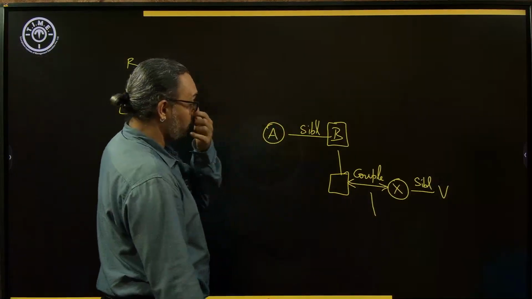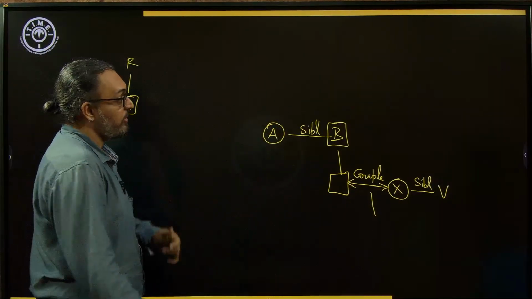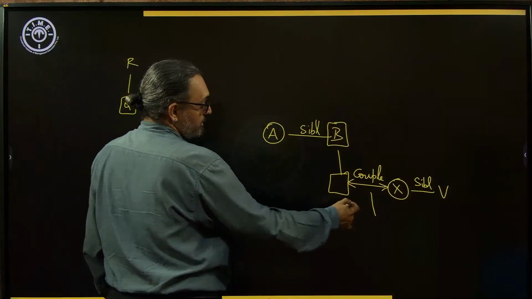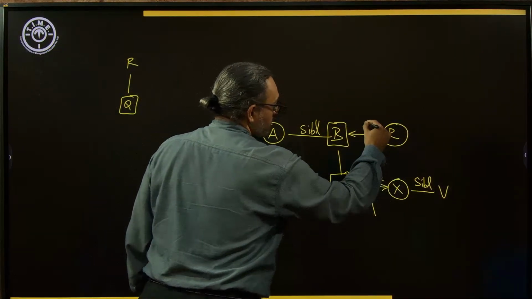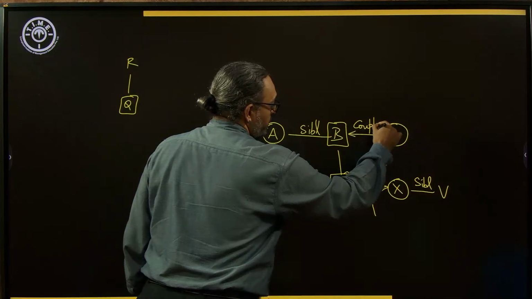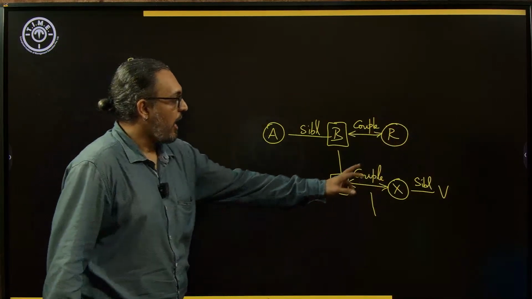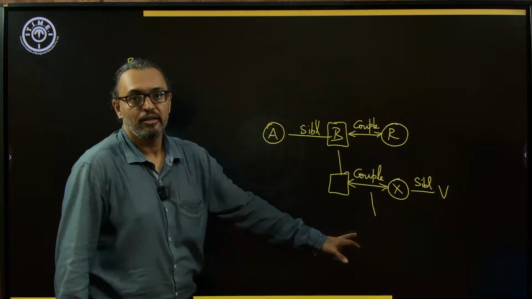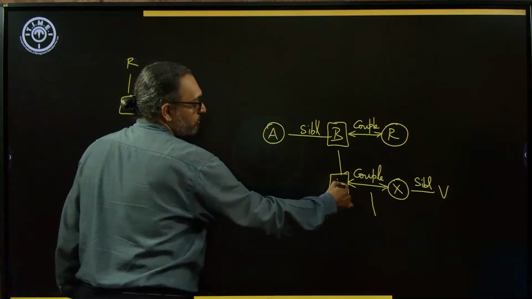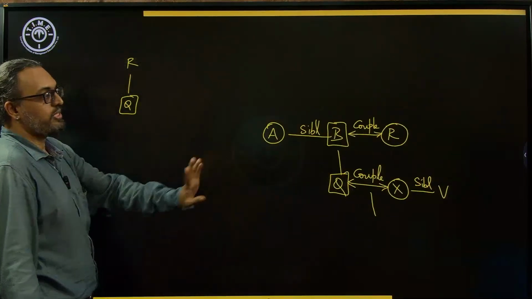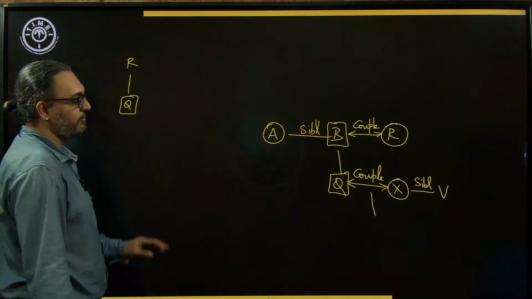And R is a grandmother to that child. So R should be given here: B's wife is R, because R is a grandmother to X's only child. Now once I have R, I can have Q. Q is a son to R, only son.